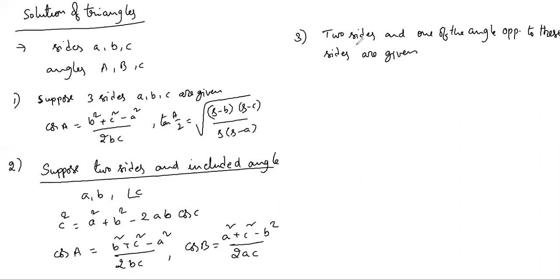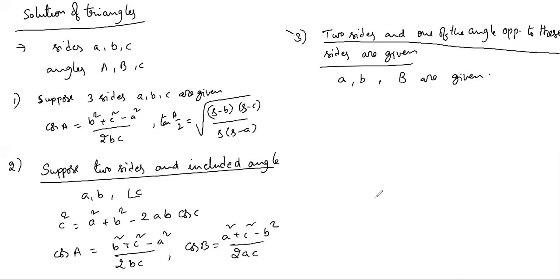Then how to find the remaining three? Suppose two sides a and b, and the angle opposite to one of the sides, say let it be B, are given. Then how to find the remaining three, and in which cases the triangles exist, this is the important case.